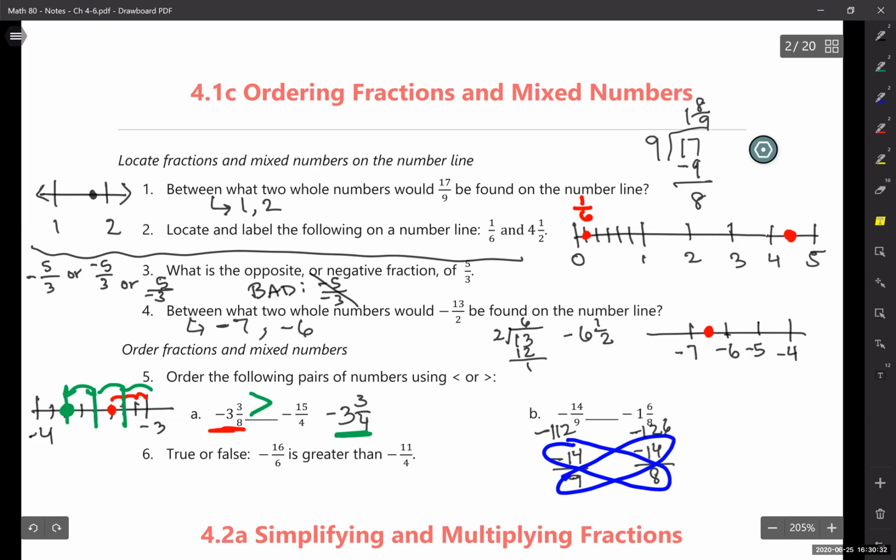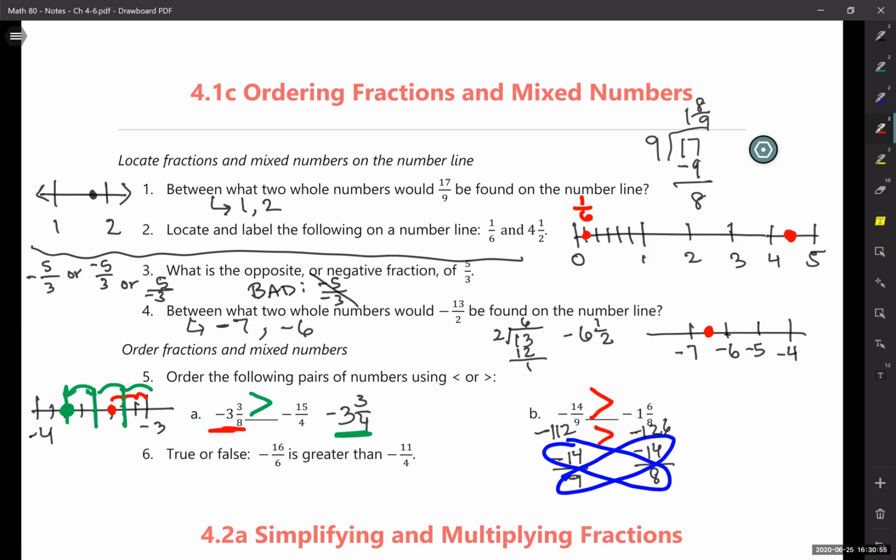Now what we are comparing is negative 112 to negative 126. In that scenario, negative 112 is bigger, so this fraction is bigger. If I wrote it in between negative 112 and negative 126, that's the way that the symbol would go.